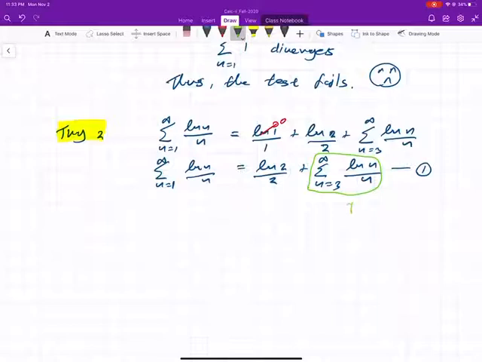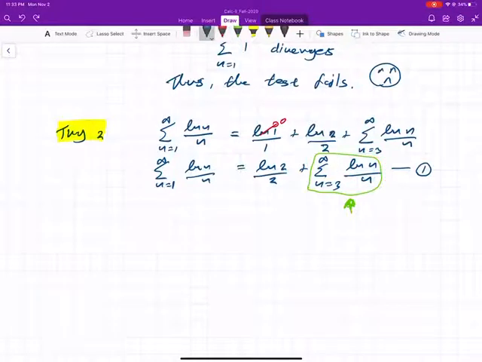Before analyzing this series, I'm trying to make an inequality which has this ln n over n part. I will explain later why I do that. First let me make that inequality.